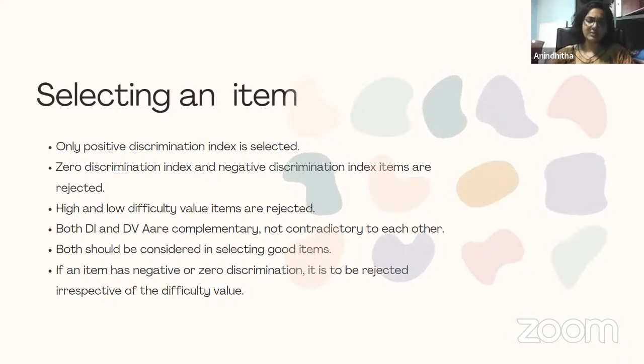And if an item has really low difficulty, then almost all of them are able to answer, which means it's just 1 extra point for everyone else in their total. It does not make sense to include that particular item either. If everyone is going to get just 1 point extra, then it doesn't make sense to include that. Therefore, both really high difficulty and really low difficulty items are rejected.